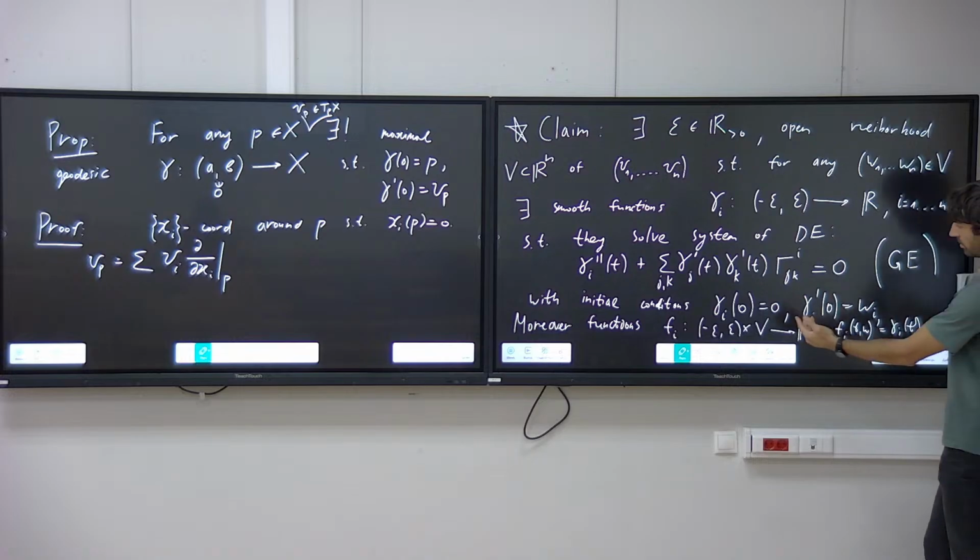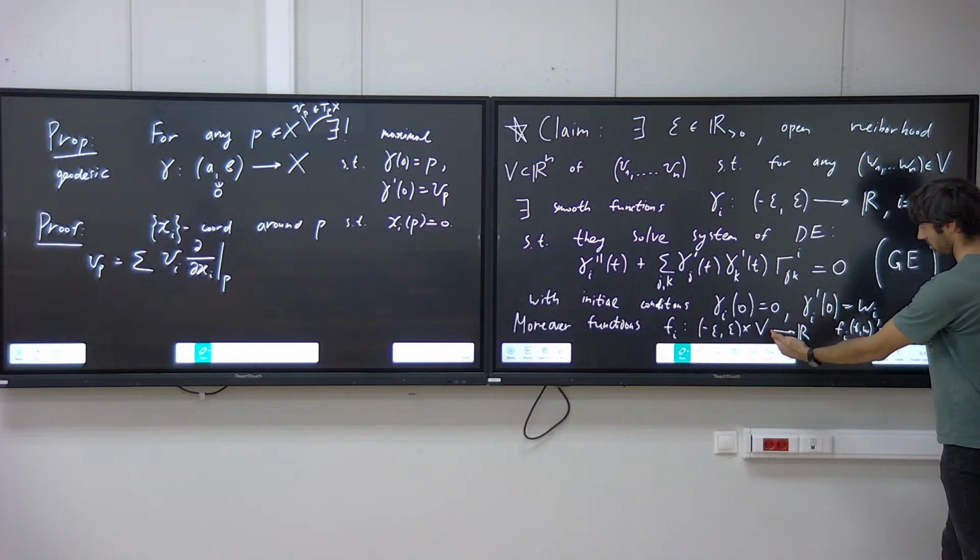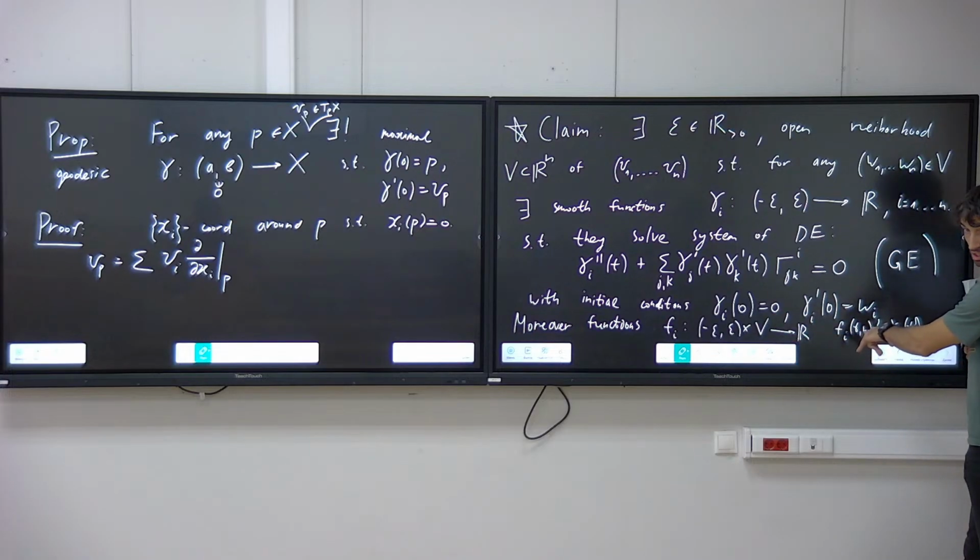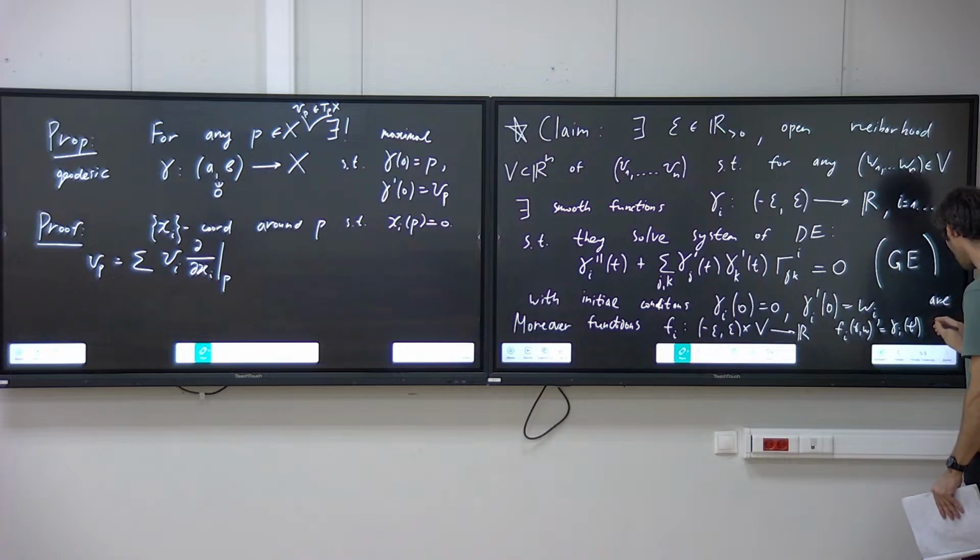So I'm emphasizing the dependence of my gammas on initial conditions here. I'm saying that these functions are smooth.